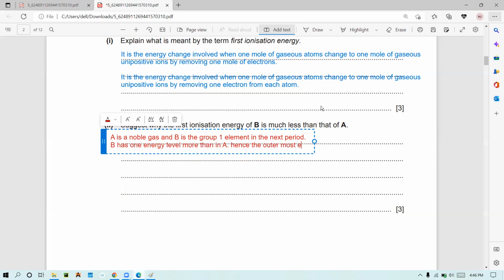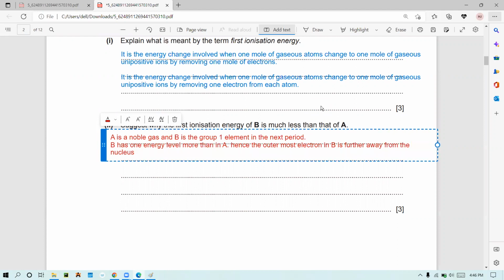Hence, the outermost electron in B is further away from the nucleus than in A. That is one thing.